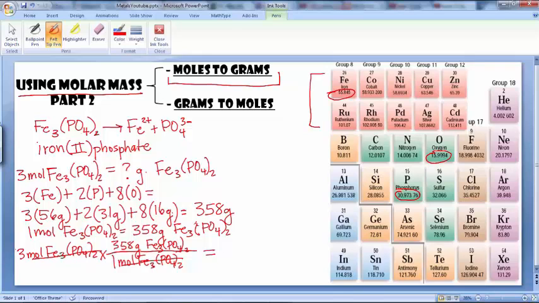So we're left with 3 times 358 grams of iron 2 phosphate, and that gives us 1074 grams of iron 2 phosphate.